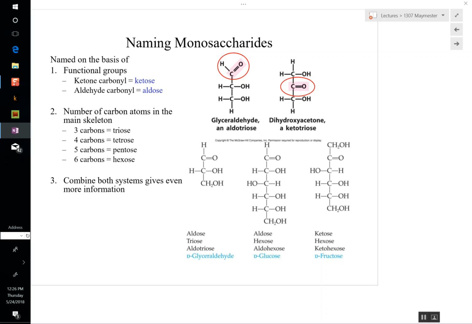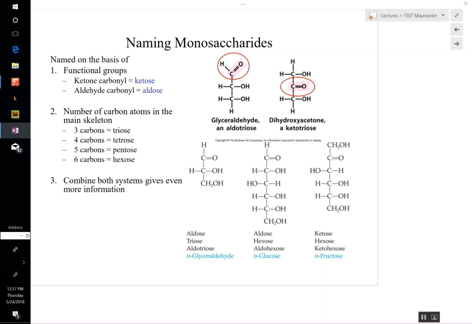That's a CH2OH. I don't know where the OS comes from, but usually OSE is going to point you towards a carbohydrate, whether it be a mono or a di.